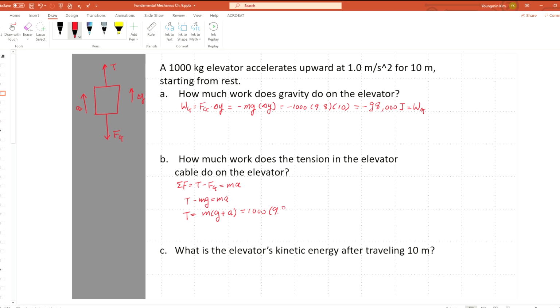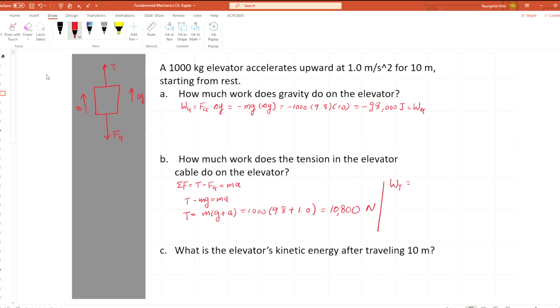That is given up here. So we know that tension, which is a force, is 10.8 times 1,000, that is 10,800 newtons. But it's not asking for the force, it's asking how much work is done by the tension on the elevator.